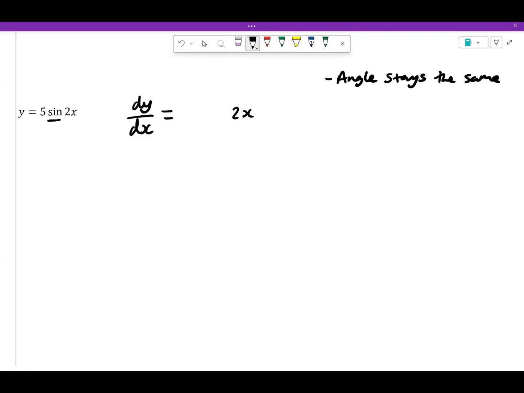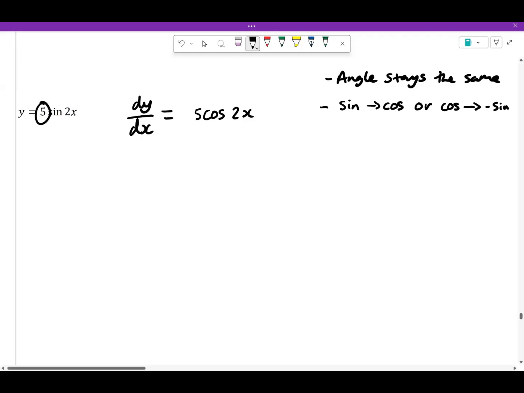And then the sine is going to become a cosine. However, if this was initially a cosine, it would become a negative sine. So I'm just going to make a note of that. So sine becomes cosine, or cosine becomes negative sine. Then I'm just going to write in the 5 so I don't forget about it.